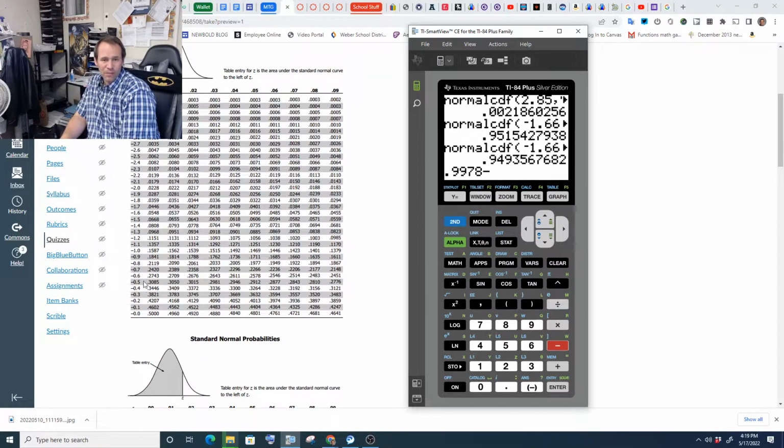So here is negative 1.66. There it is. I'd minus the 0.0485. So minus the 0.0485. And so that would give us the 0.9493 or 94. Nice. Using the chart. Calculator's easier.